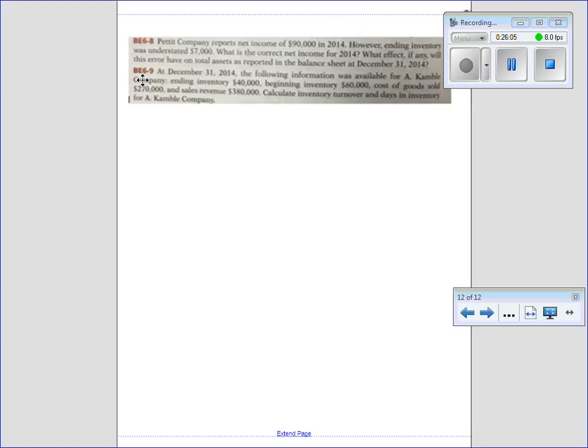It's better than the mass amount of extra workbook pages that I'd fill your binders with. Brief exercise 6.8 is in relation to section 6.3, talking about over and understating. Brief exercise 6.9 is about section 6.4 that we just talked about, completing those ratios. All right, so let's do 6.8 first.